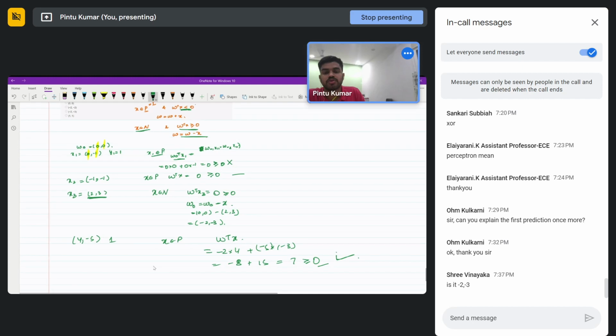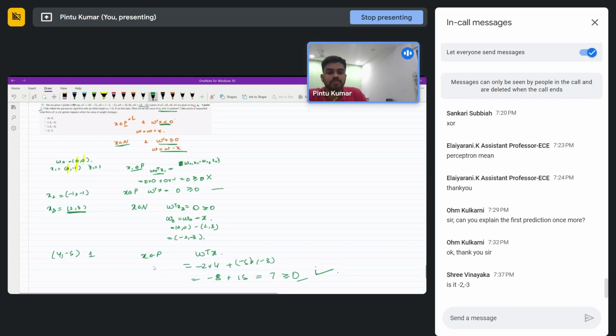Now because we have changed our W, we need to revisit x1, x2 and x3. For x1 again, W transpose x would look something like 0, -2 plus -1 into -3, and this is 3, which is greater than or equal to 0, and this x1 was a positive point.